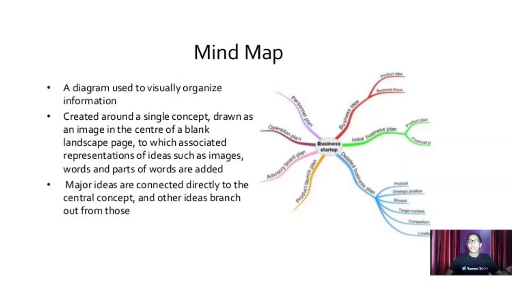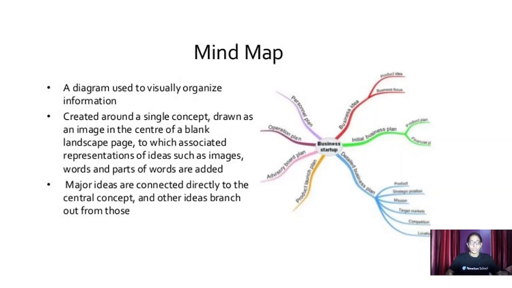Every piece of information is distributed to every part of the body, similar to the mind map. A mind map has one root, and that root is separated into a lot of various aspects.